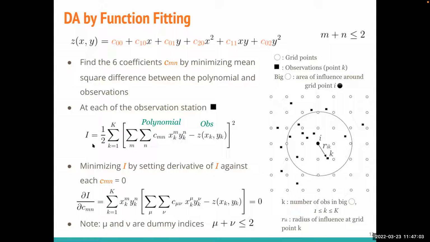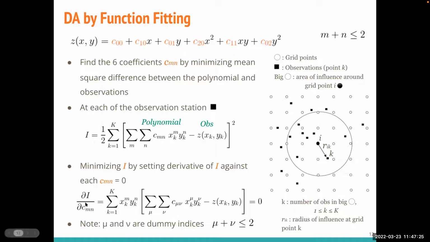This is a very standard procedure statistically. We want to minimize I by setting the derivative of I to zero. So we differentiate I against each of the coefficients here, 1, 2, 3, 4, 5, 6.